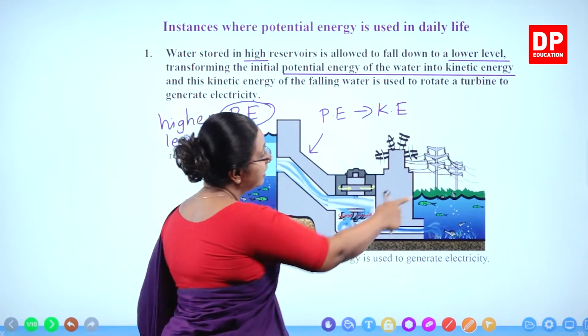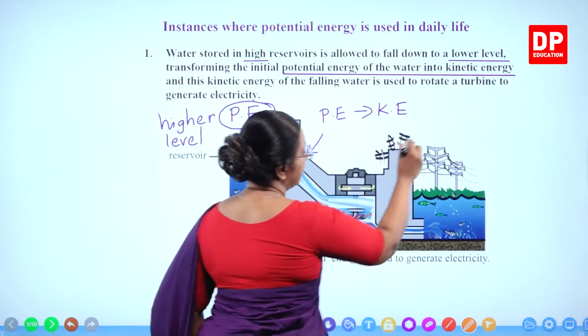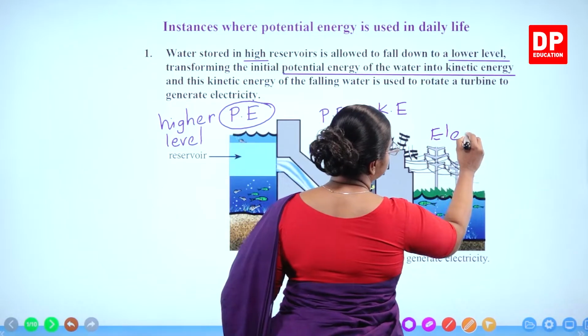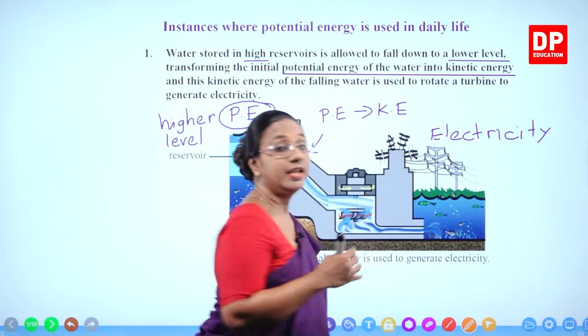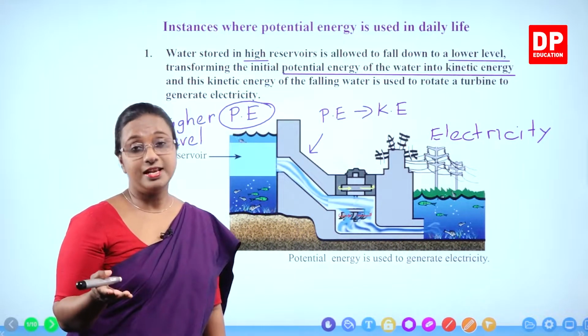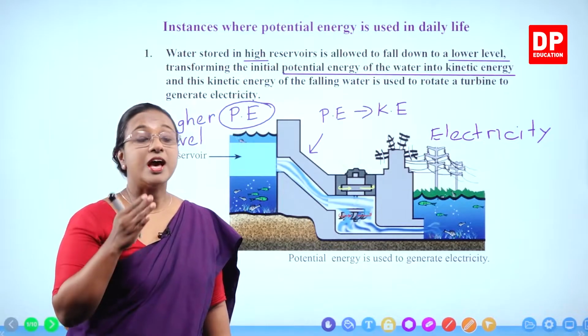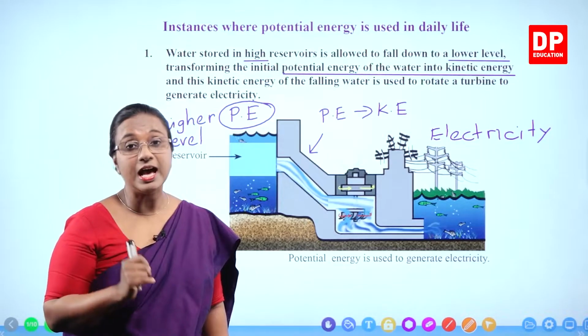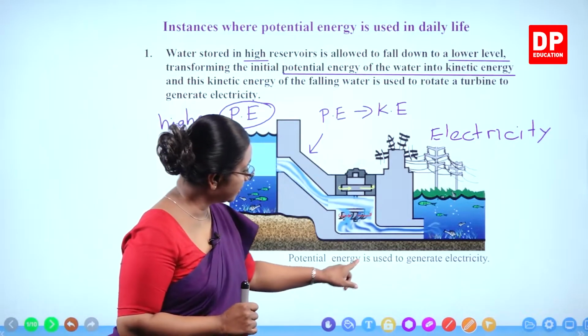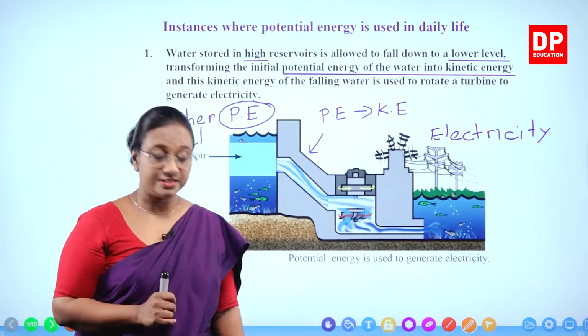And finally, when electricity is produced, it becomes electric energy. So there is energy transformation from one form to the other. Potential energy is used to generate electricity.